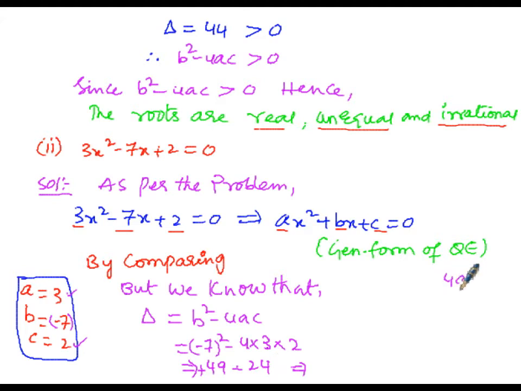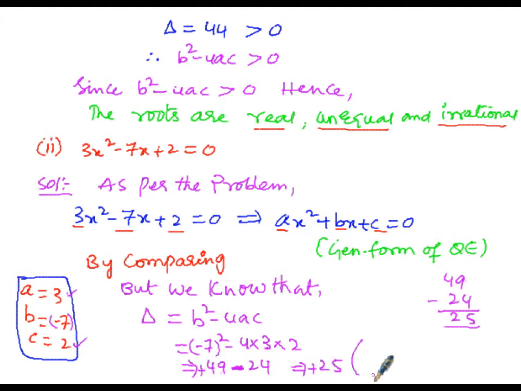From 49 we subtract 24. So 9 minus 4 is 5 and 4 minus 2 is 2, so 25. To assess the sign among 24 and 49, 49 is greater, so the sign is positive.